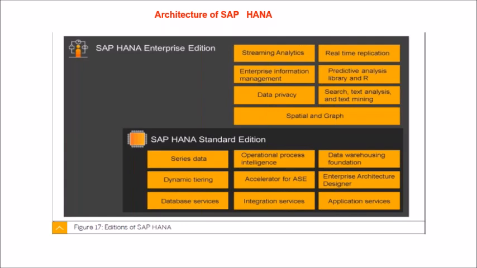When you use HANA runtime licenses, you are not allowed to perform any development activities at the HANA database level. But if you're interested in doing development activities at the HANA database level, then at a minimum you need to go with HANA Standard Edition, and if needed, you can opt for Enterprise Edition also.